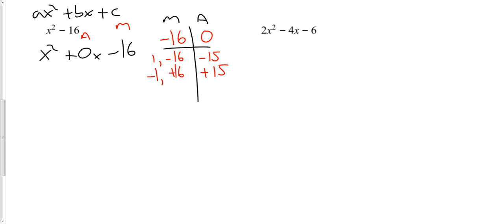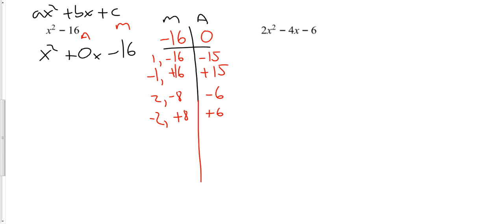If I go 2 and negative 8, they multiply to negative 16, but they don't add to 0. If I add those together, it gives me negative 6. If I do the opposite, that multiplies to positive 16.